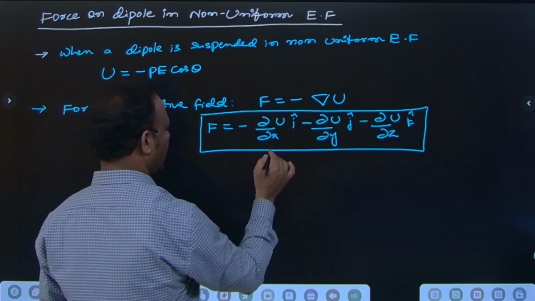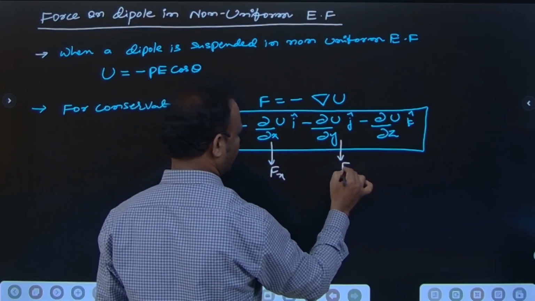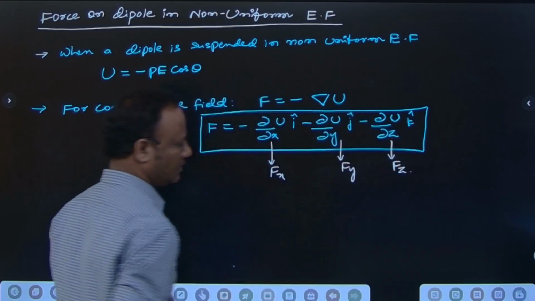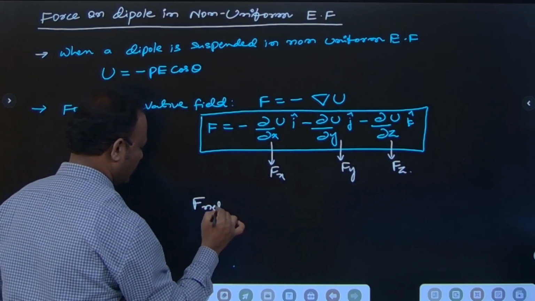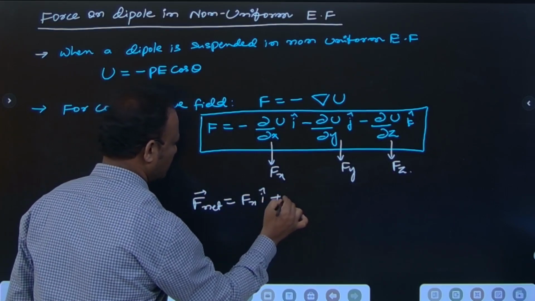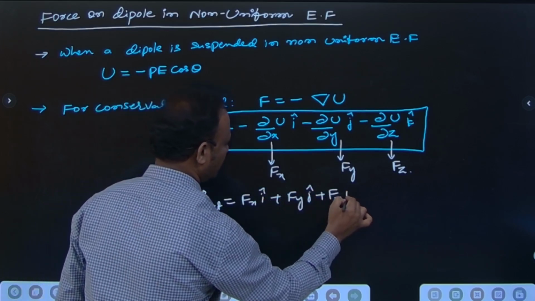Now what does each belong to? This is Fx, this is Fy, and this is Fz. Vectorially, the net force F net is equal to Fx i cap plus Fy j cap plus Fz k cap.